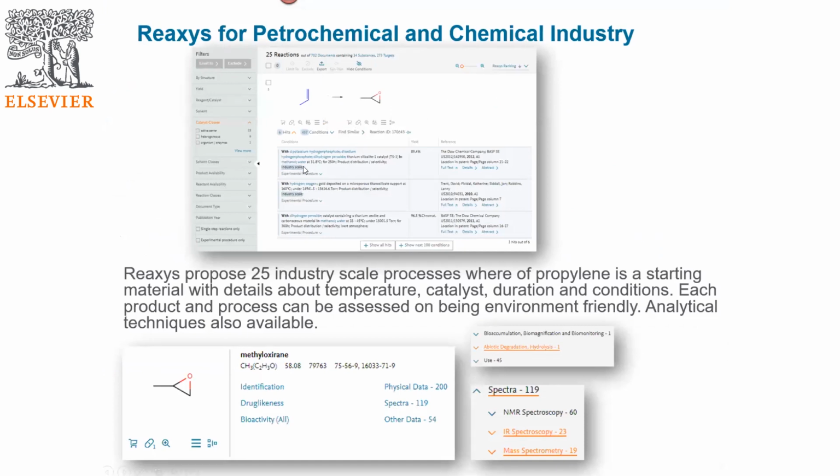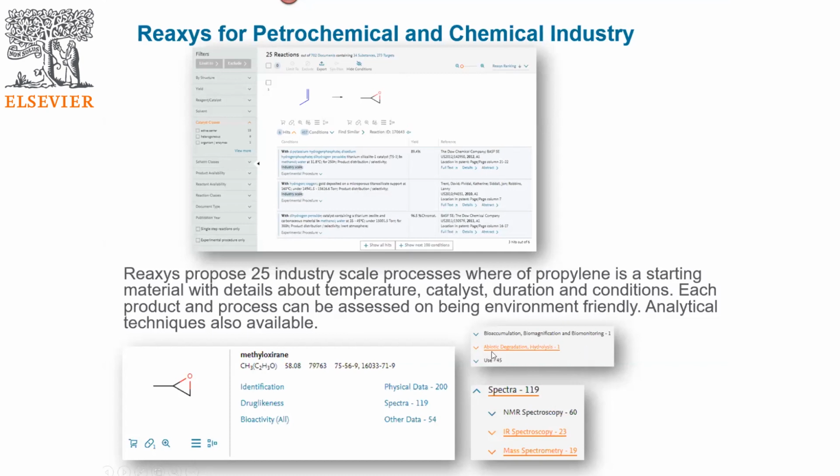And this industry scale reaction could be used to define new potential products for the petrochemical or chemical industry. For example, from propylene in Reaxys, we can find more than 25 different industry scale processes, and all of the products, like this one, have additional information to assess purity by spectral data and chromatography data.